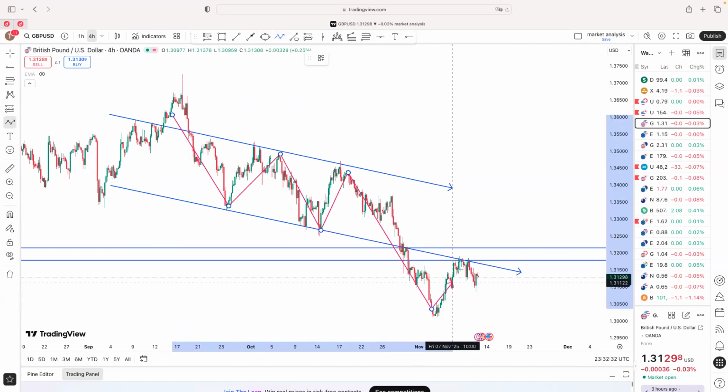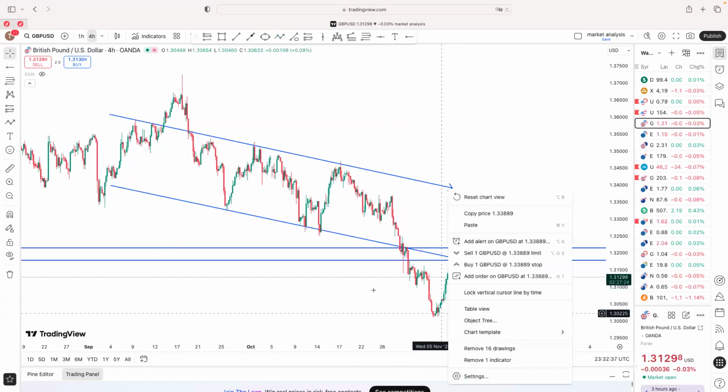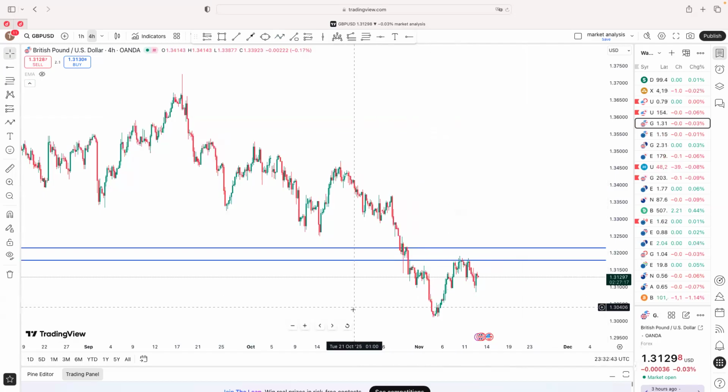They broke out, then they came back to retrace. Now, I'm more interested in this current area. I'm not interested in too many things. I'm more interested right here.